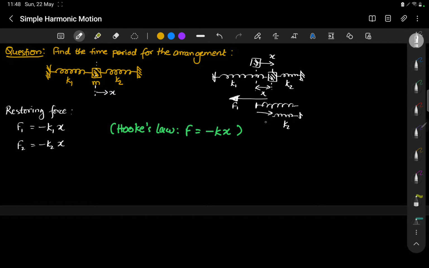So even for this k2 spring, the restoring force is going to be in the same direction. So the total restoring force on the block is F equal to F1 plus F2, which is nothing but minus k1x minus k2x.